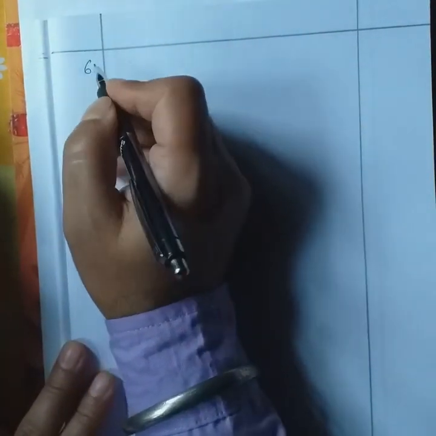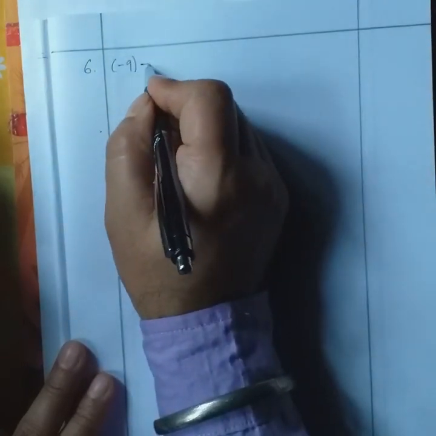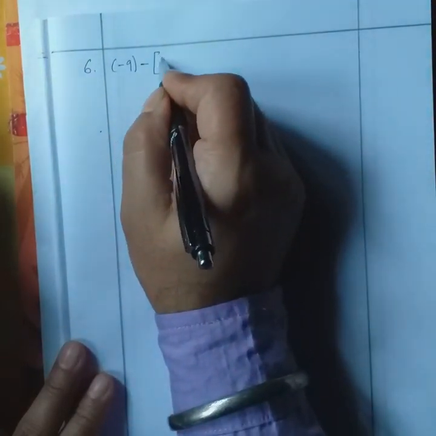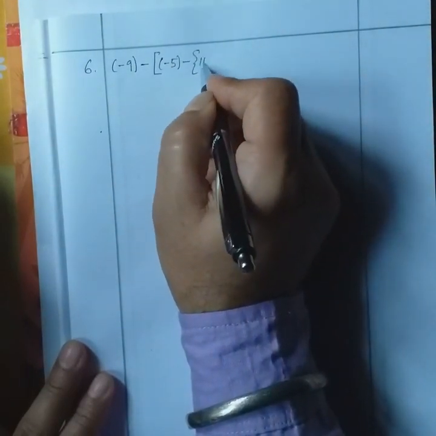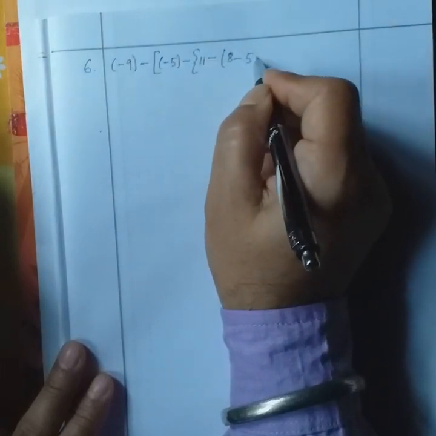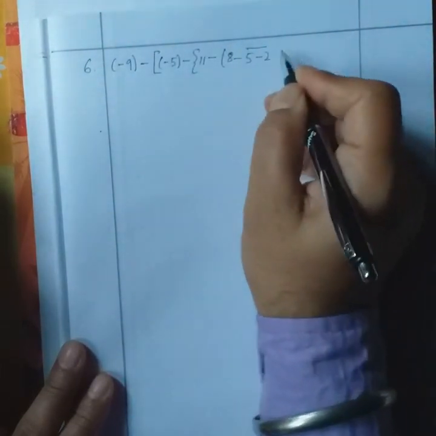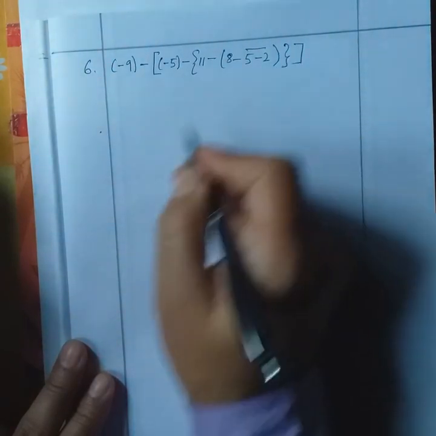Now here is question number 6. Minus 9 minus 5 minus 11 minus 8 minus 5 minus 2 bar bracket, curly bracket, this one.